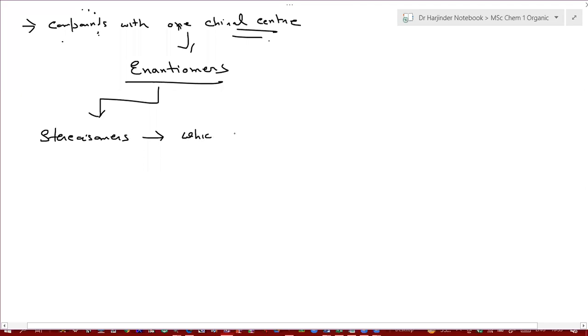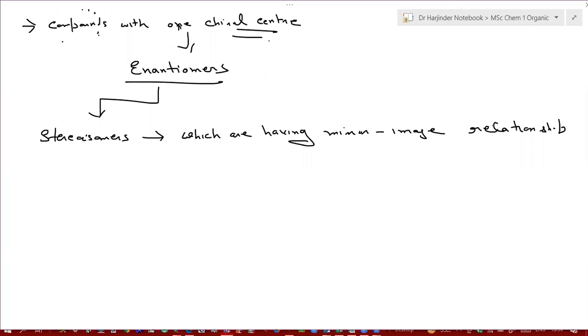They have a mirror image relationship. Non-superimposable mirror images of each other are called enantiomers.